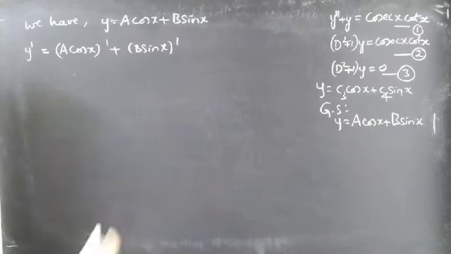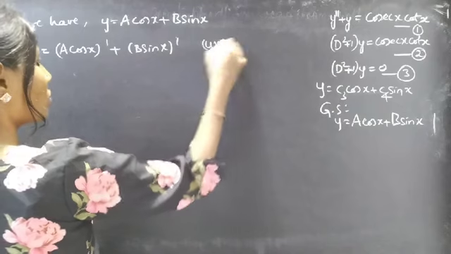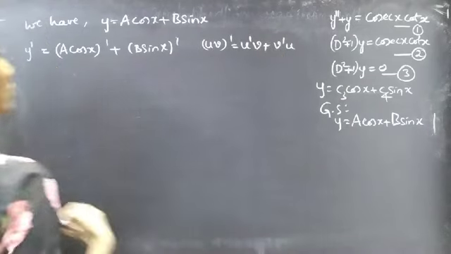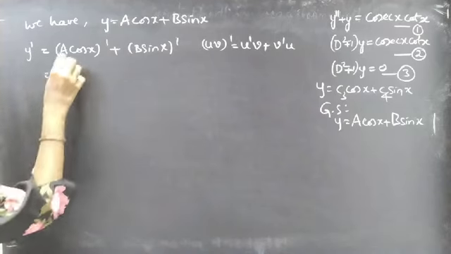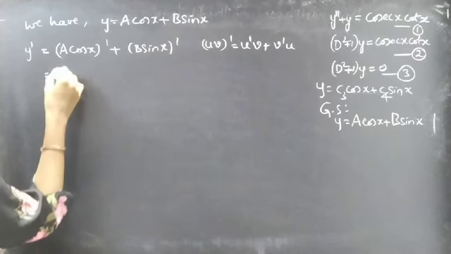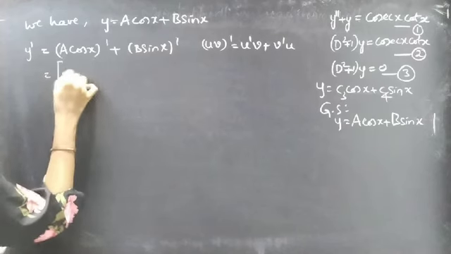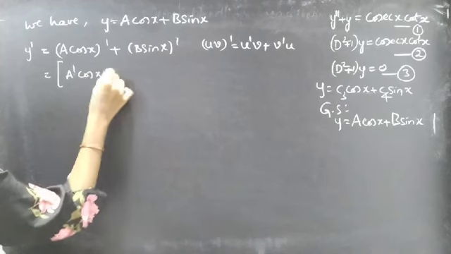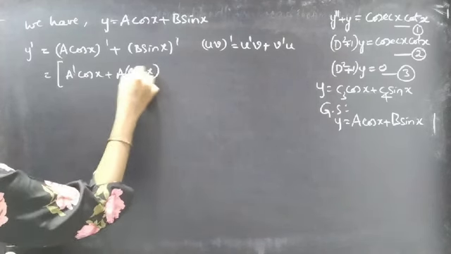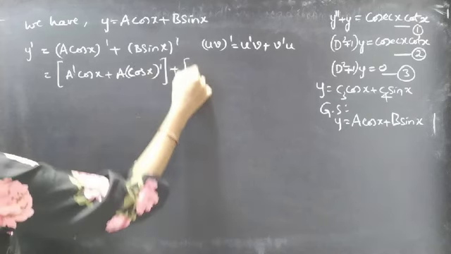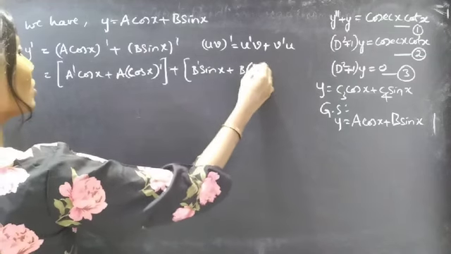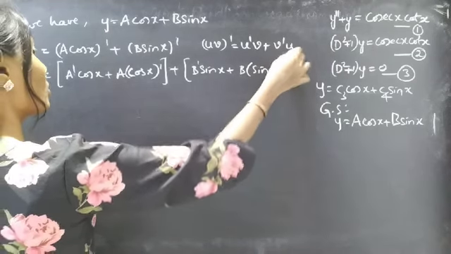Here we are going to apply the (uv)' formula, which is equal to u'v plus v'u. So for u equal to a and v equal to cos x, (a cos x)' becomes a' cos x plus a into the derivative of cos x with respect to x, plus b' sin x plus b into the derivative of sin x with respect to x.